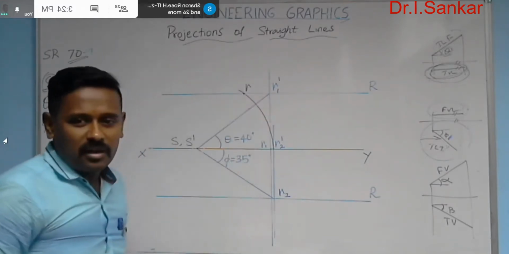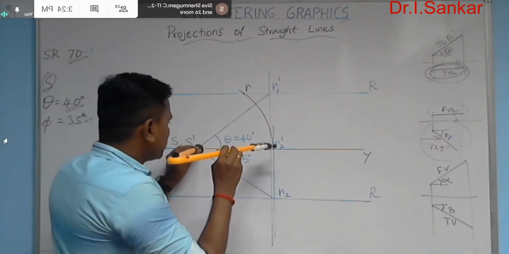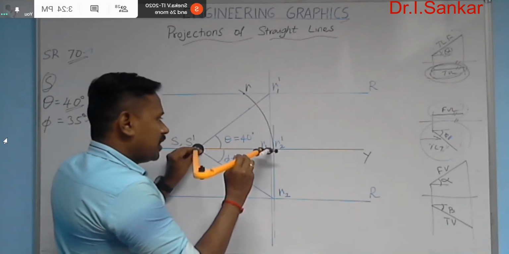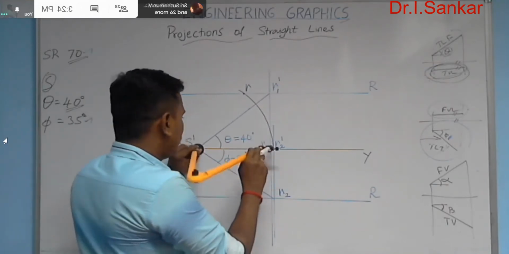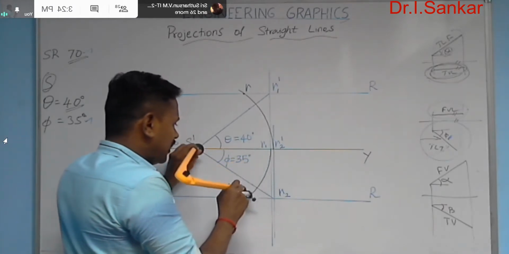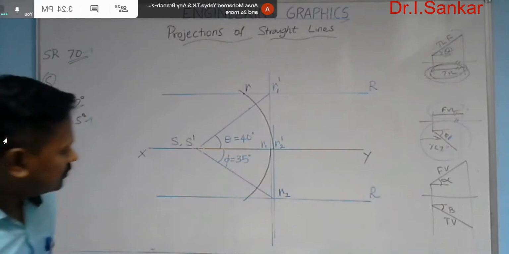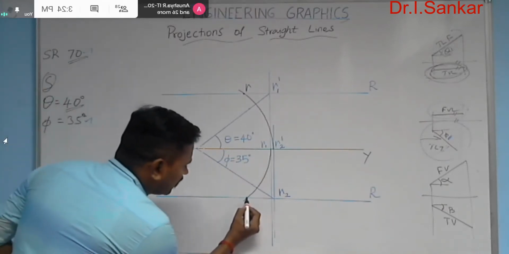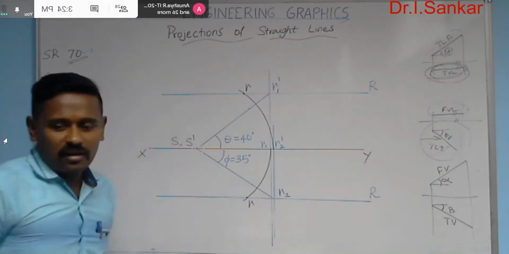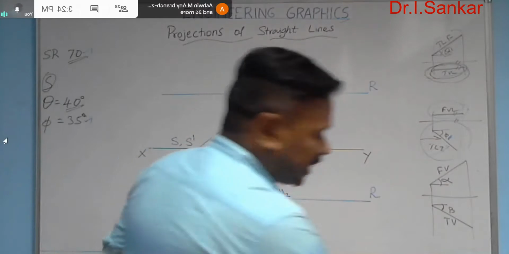At the same time, again make the same S as center and SR1 as the radius. That is the top view length. And cut the arc in the locus of R. Here you can mark the final R. Now you need to connect S dash R dash.